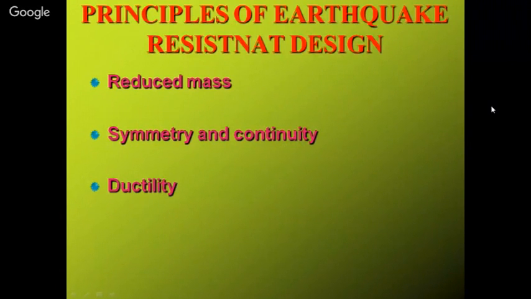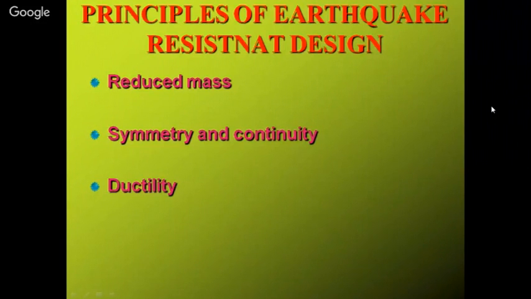Here, the first principle for earthquake resistant design is to reduce mass. I always relate our civil engineering construction with our own body. If somebody has huge mass or an obesity problem, then the balance of that person is not good.